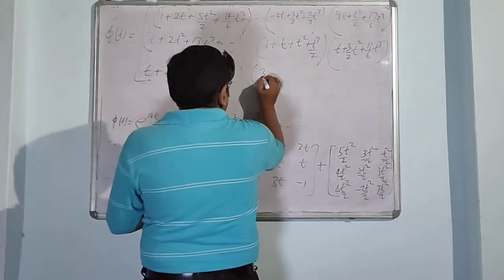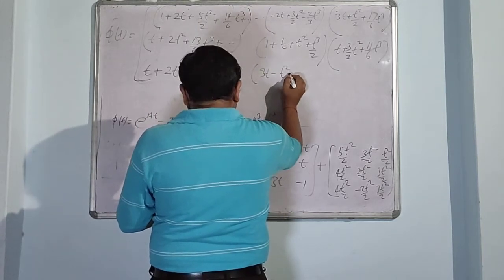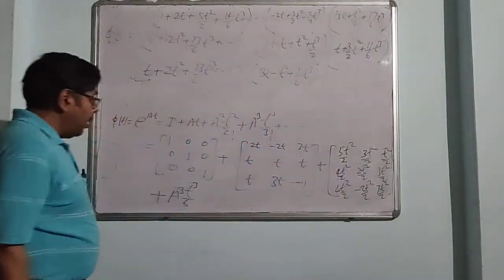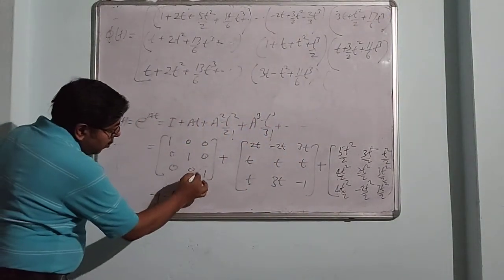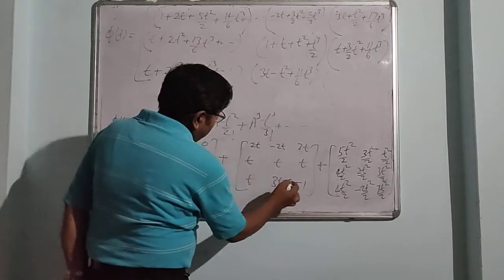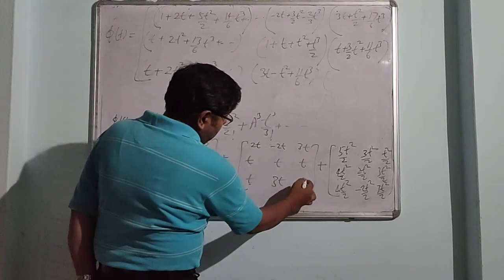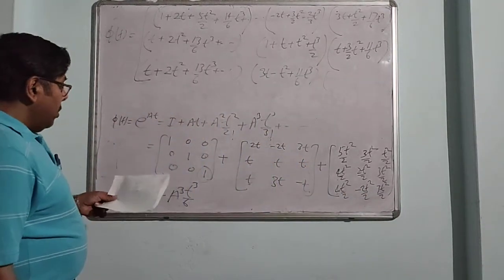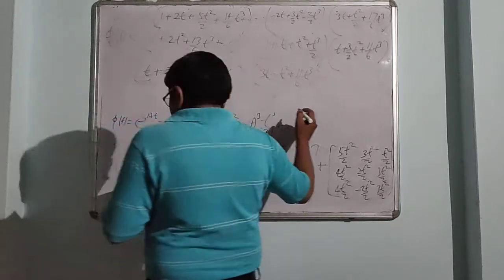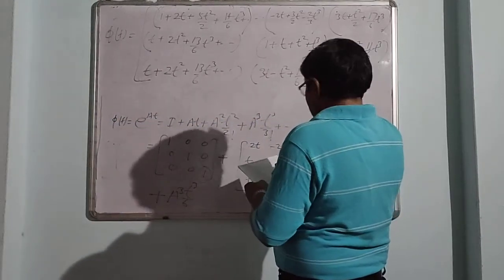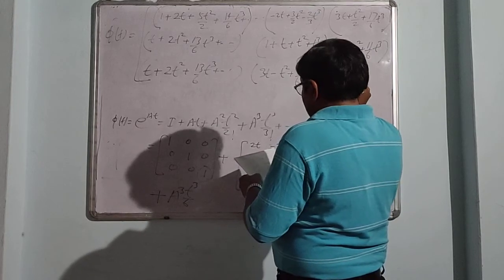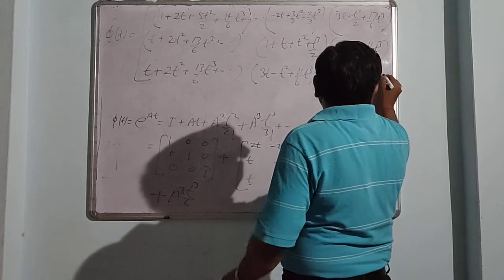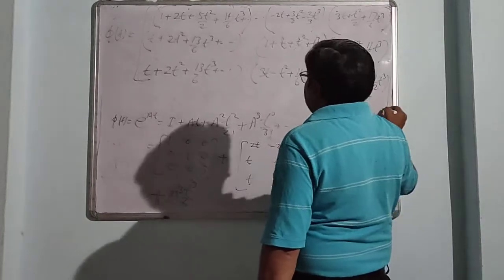Next term is 3t minus t square plus 11 by 6 t cube. And for the last term, 1, then we have to multiply by t here. Next, plus this 7t square by 2. So after adding all terms, the last term is 1 minus t plus 7 by 2 t square plus half t cube. So this is the state transition matrix.